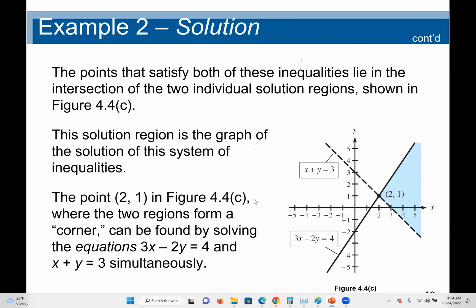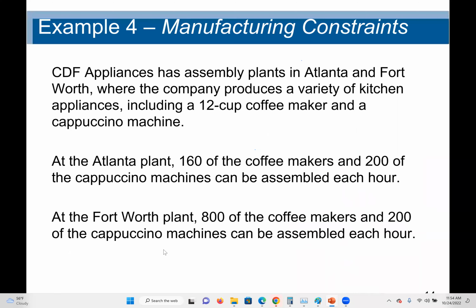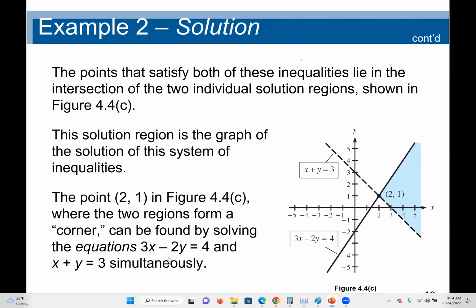Where the two regions form a corner can be solved by this, and it's another question. But again, if you plug in 2 and 1, it should work here. Actually, let me see. We have 2 and 1. 2 plus 1 is 3. It should be 3 is greater than or equal to 3. And here also should be greater than or equal to 4.